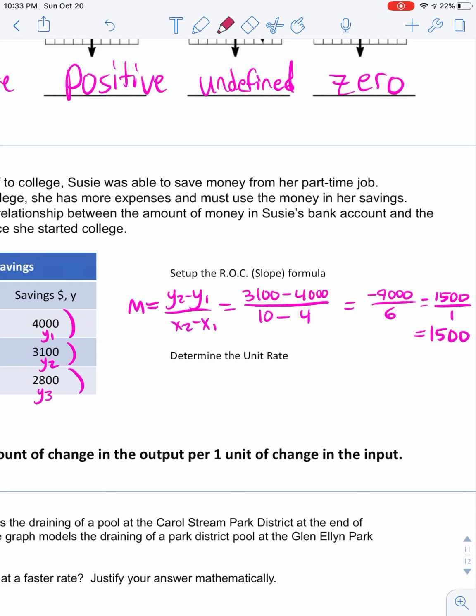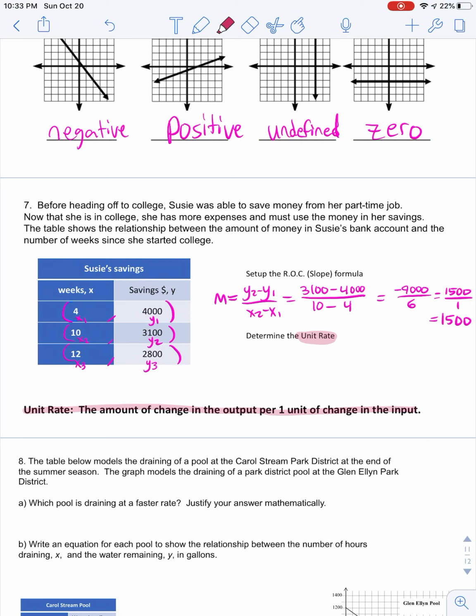Now, this term here, unit rate. What that means, and I've put the definition down here, it's the amount of change in y per 1 unit of change in x. So let's put that into words that make sense for this problem. Over 1 week, 1 unit of change for x, how much is the money changing?